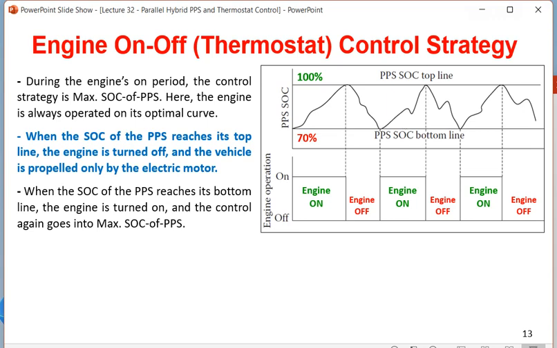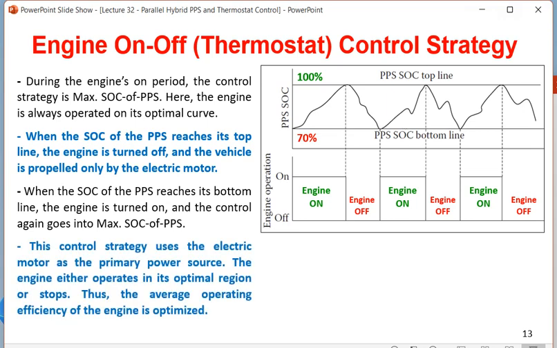This control strategy uses the electric motor as the primary power source. Not every time, not in the first case when the engine is on, but in the second case yes, whenever the engine is off, at that time the electric motor will be acting as the primary power source. The engine either operates in the optimal region, that means in the first case, or in the second case it will not be working at all.